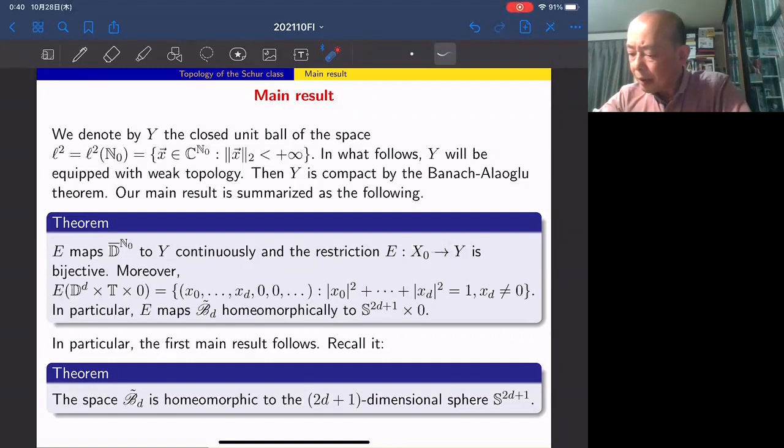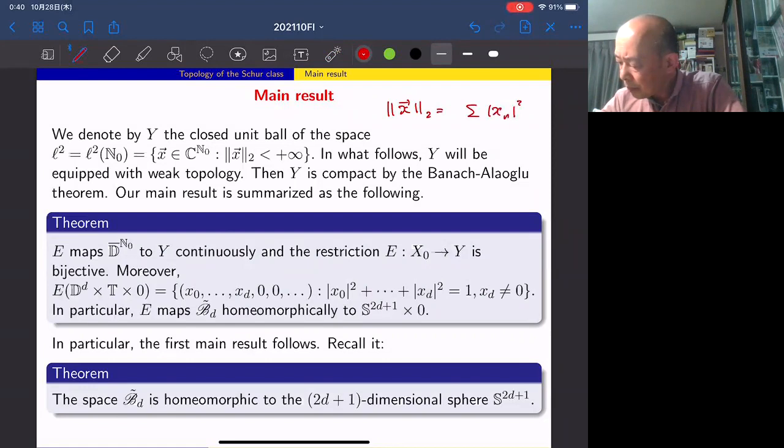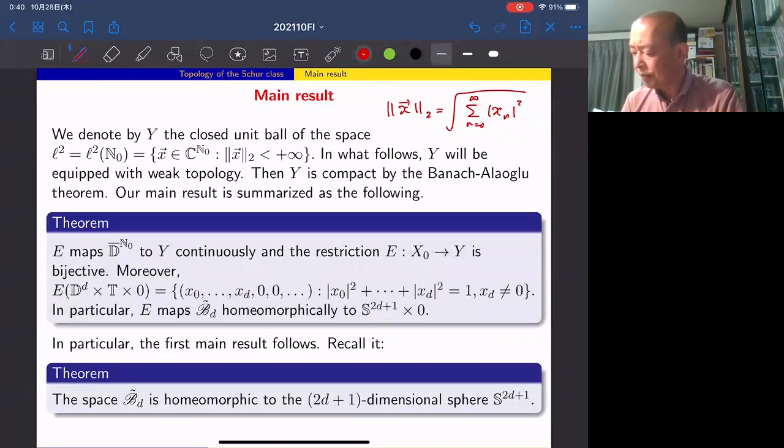Maybe I didn't write it, but the l2 norm is, of course, as you know, this one. And in what follows, this space Y, I mean the closed unit ball, will be equipped with the weak topology, not the norm topology. And with the weak topology, this set becomes a compact Hausdorff space by using the Banach-Alaoglu theorem.